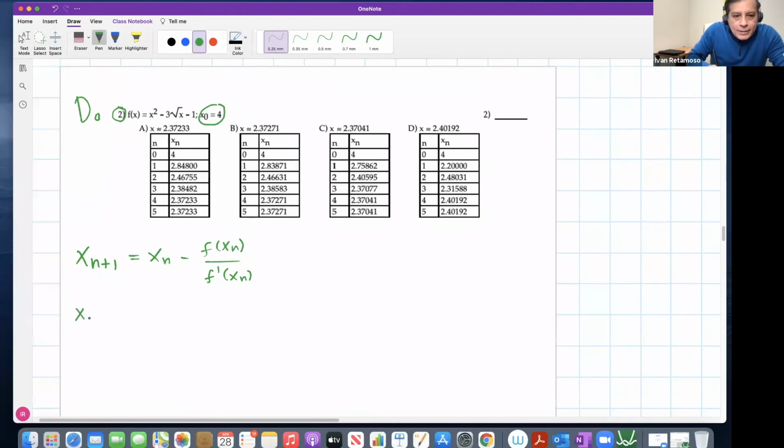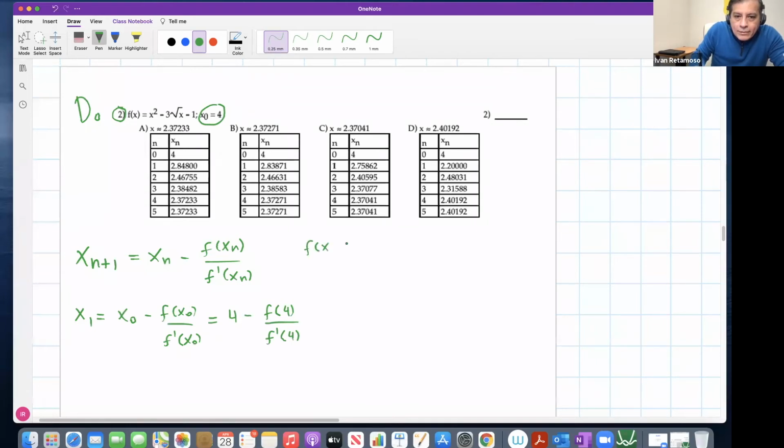Start with this computation. x1 should be equal to x0 minus f of x0 over the derivative at x0, which translates itself as x0 being 4 minus f evaluated at 4 over the derivative of the function evaluated at 4, right?